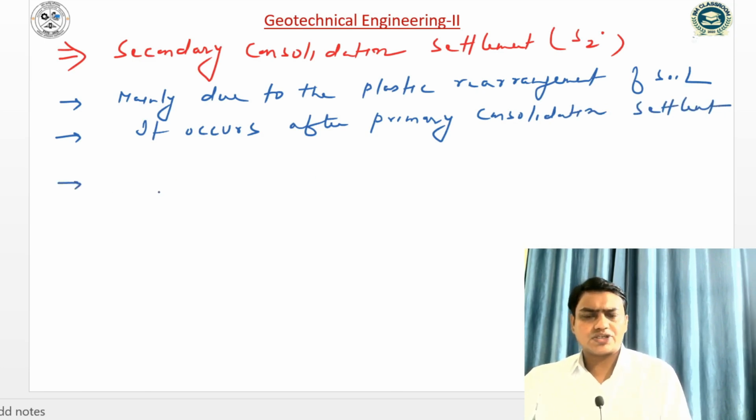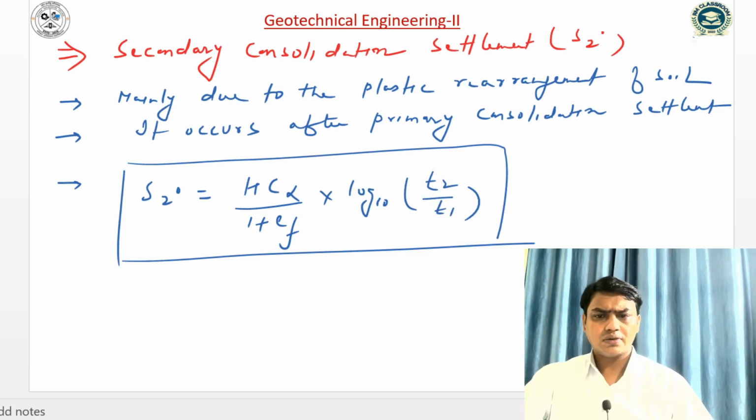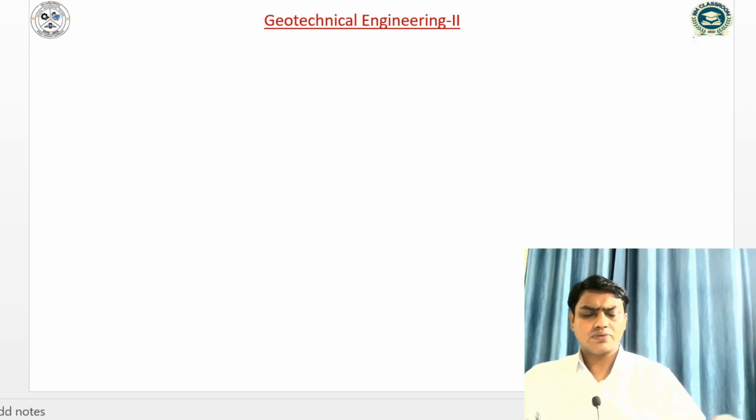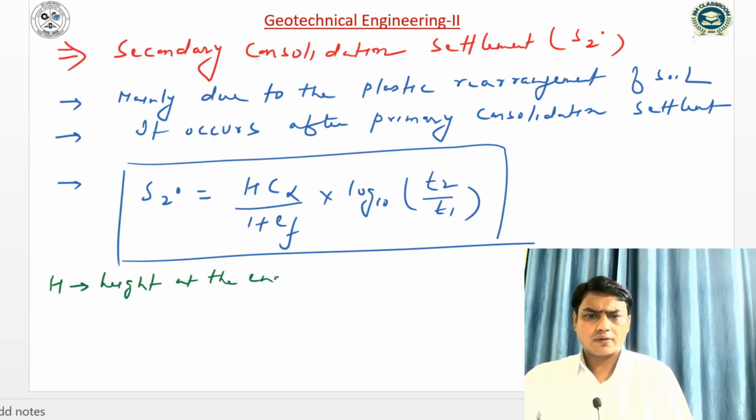and the secondary consolidation can be computed as S2 is equal to H into C alpha divided by 1 plus ef into log t2 by t1. Here H is the height at the end of primary consolidation.